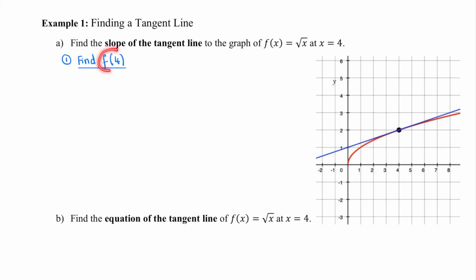To find f of 4, I will replace x with 4. Square root of 4 is 2. So f of 4 equals 2. So the point on the curve is (4, 2).